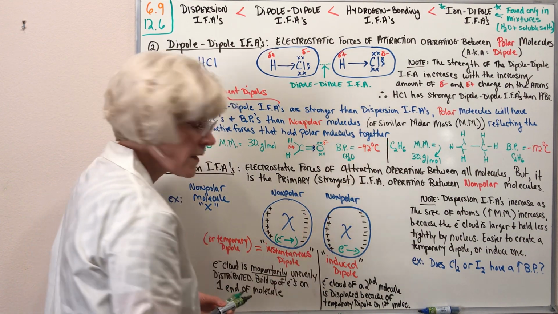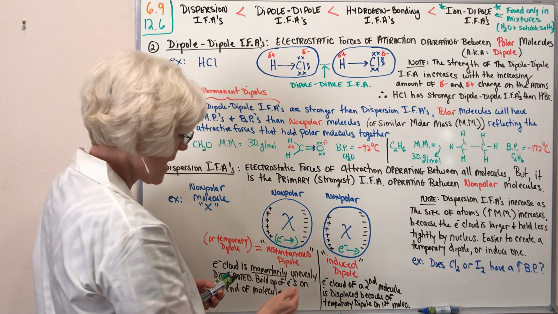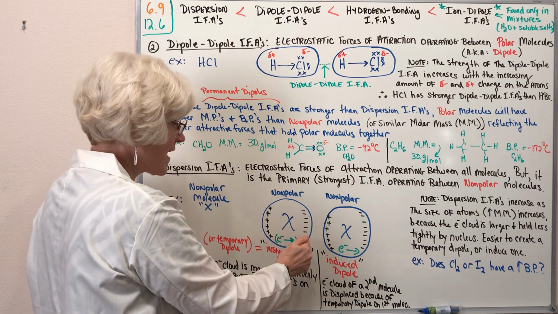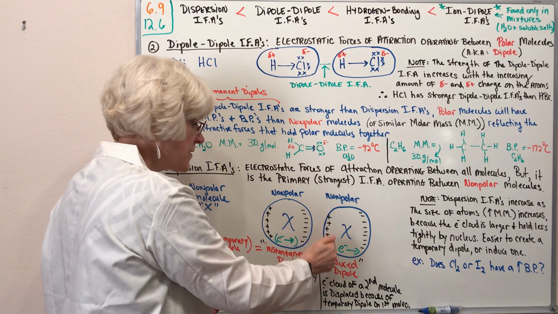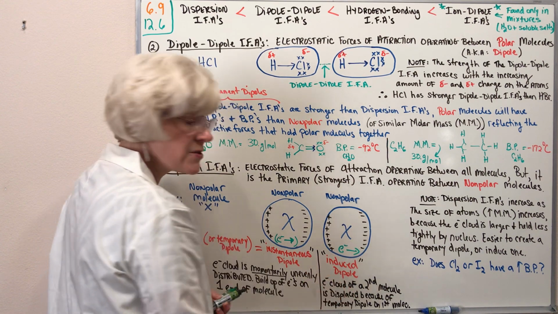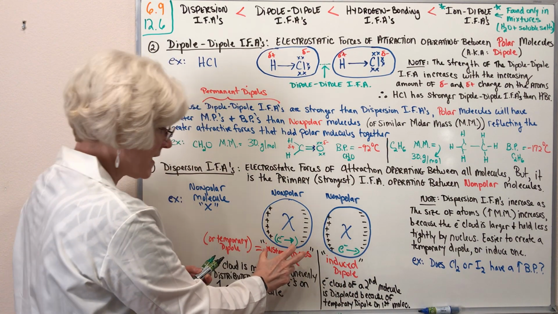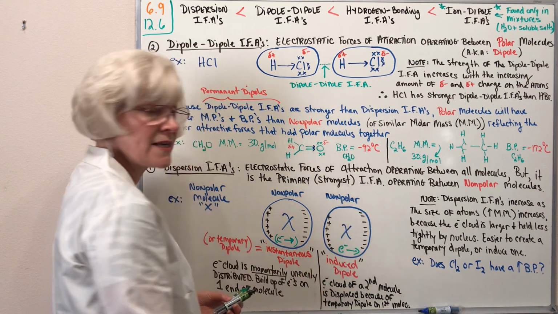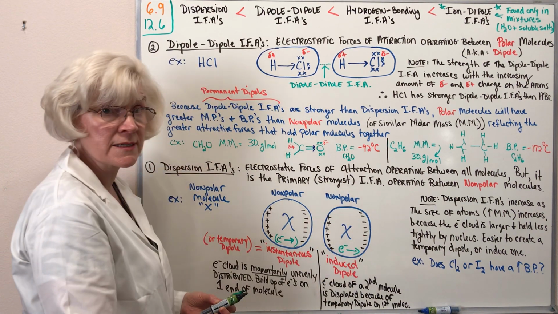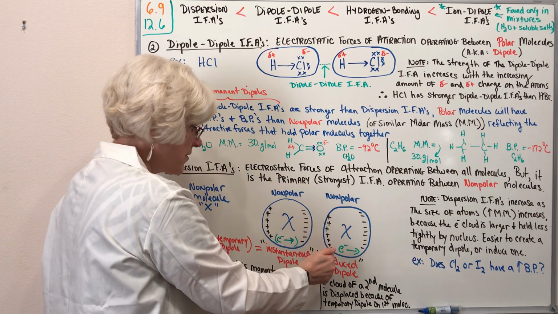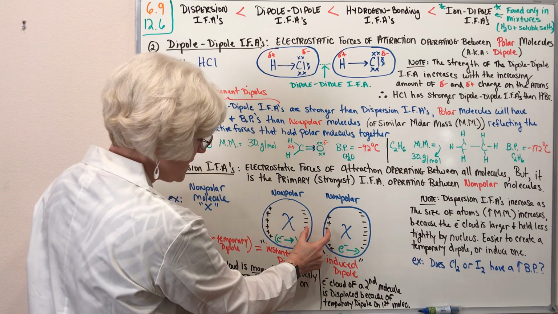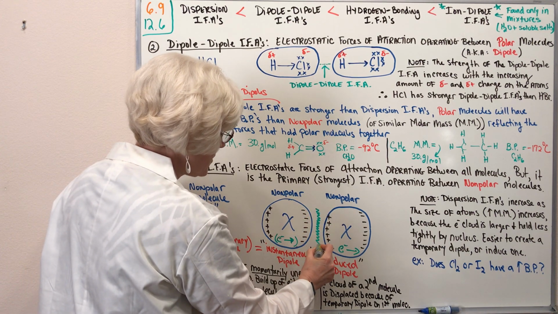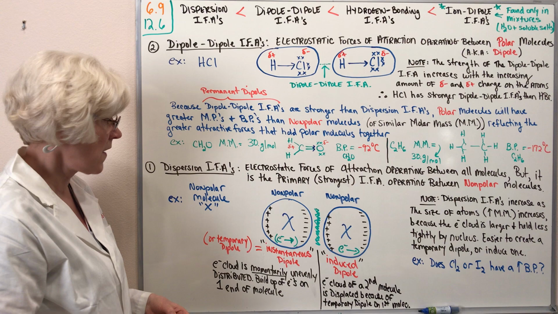And now we see where the electrostatic attraction is happening. We have a buildup of partial negative charge on this one nonpolar molecule X, and then exposure of the nucleus created by the induced dipole. This instantaneous dipole creates a second momentary dipole on this second X molecule, exposing the nucleus and the positive charge, and we see the attraction that can exist right here between these two nonpolar X molecules.